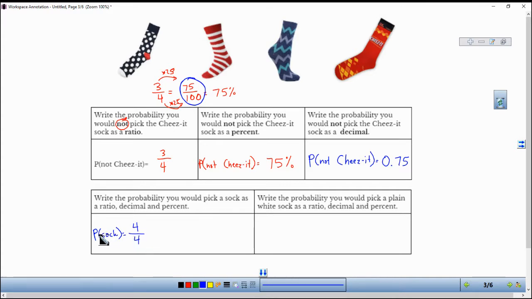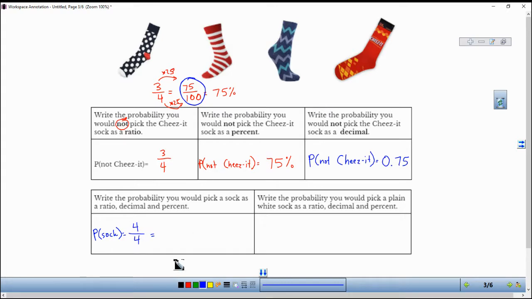So the probability of picking a sock is 4 out of 4. You're definitely going to pick a sock. If you reach into the drawer and there's only 4 socks in there and that's it, the probability of picking out a sock would be 4 to 4. Okay, well, what about that as a decimal? Well, actually, let's think about that as a percent first. As a percent, you're definitely going to pick that out.